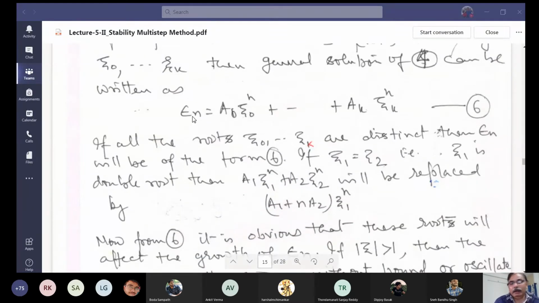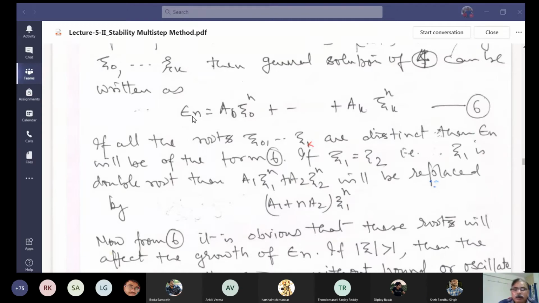This is your epsilon n. Epsilon n was what? yn minus y(tn). Right? What is the meaning of this? This is the error at the nth place, the nth value.